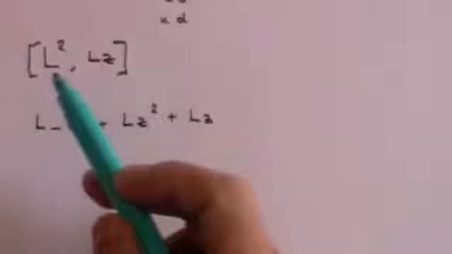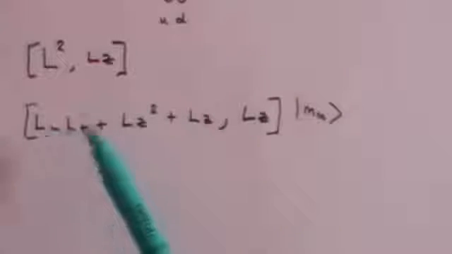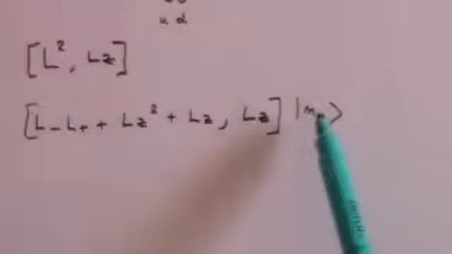That was what L squared actually is. And what I want to know is, does that commute with Lz? Well, this of course will need to act on a state, so let's have it acting on the maximum value of m. And what happens now? First, we've got this term here acting on the maximum value of m.